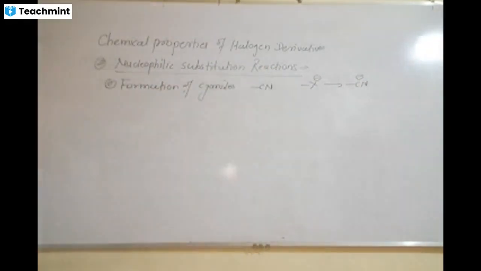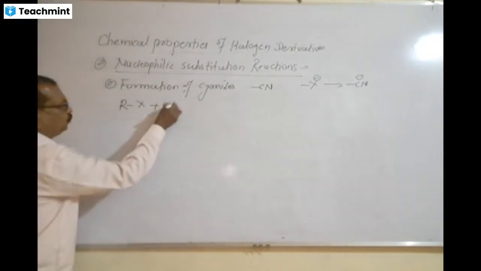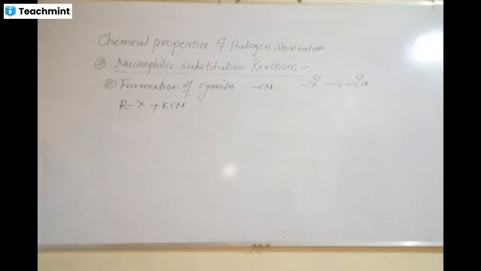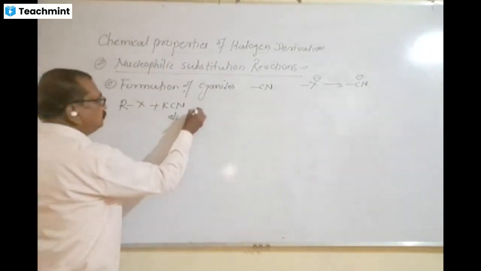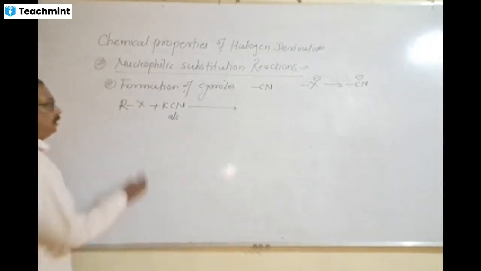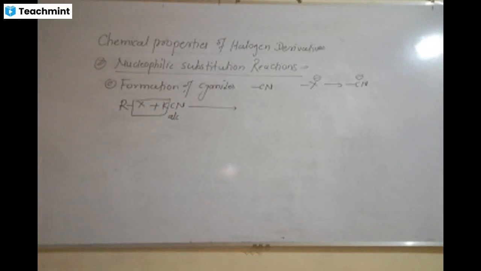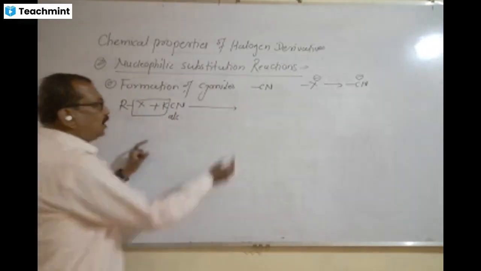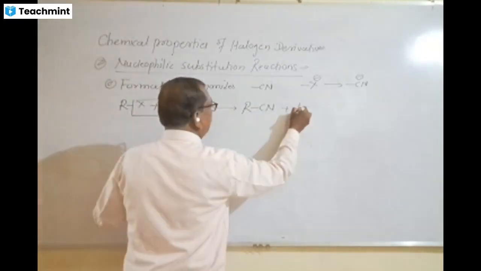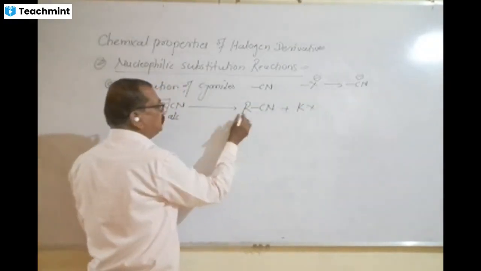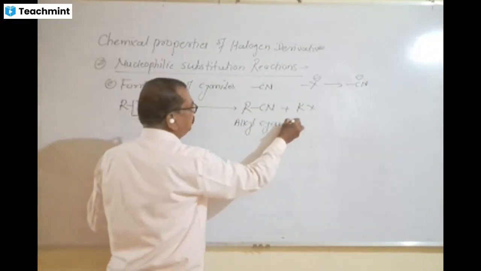The general reaction: when alkyl halides are treated with potassium cyanide, KCN, in presence of alcohol, the halo group and potassium form potassium halide. And then the CN group gets attached to the R group to form RCN plus KX. And RCN is the general formula for alkyl cyanide.